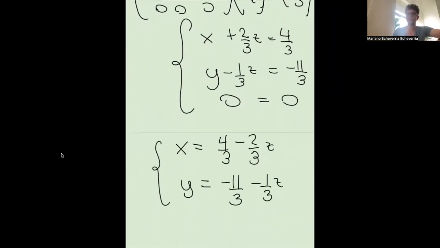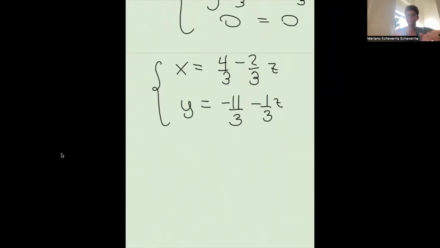And so what that means is, what is it saying? How should you interpret the system? This is saying that whenever you give c a specific value, then you have a value for x and y. So here's the interpretation.